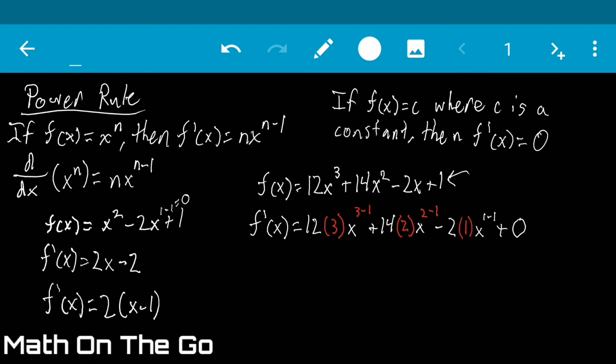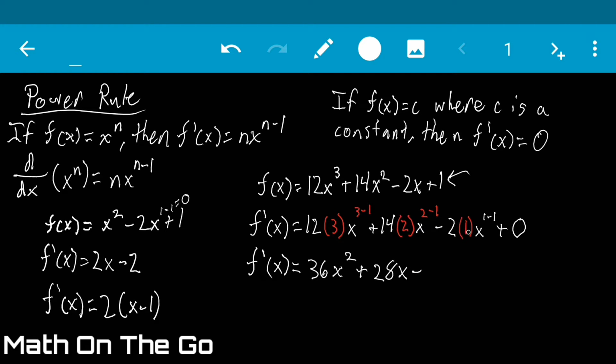All right, now let's just clean this up and finish it off. We have f prime of x equals 36x, 3 minus 1 is 2, so 36x squared plus 28x, 2 minus 1 is 1, so we'll just leave that exponent empty because that just means there's 1 up there.